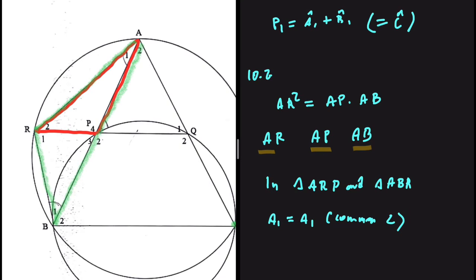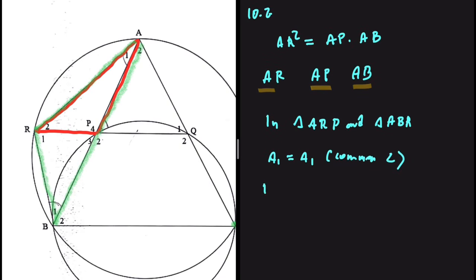In 10.1, this is how we started. We said that P1 is equal to A1 plus R2. This was because P1 is an exterior angle of the triangle ARP. But then we ended up concluding that P1 is equal to A1 plus B1.